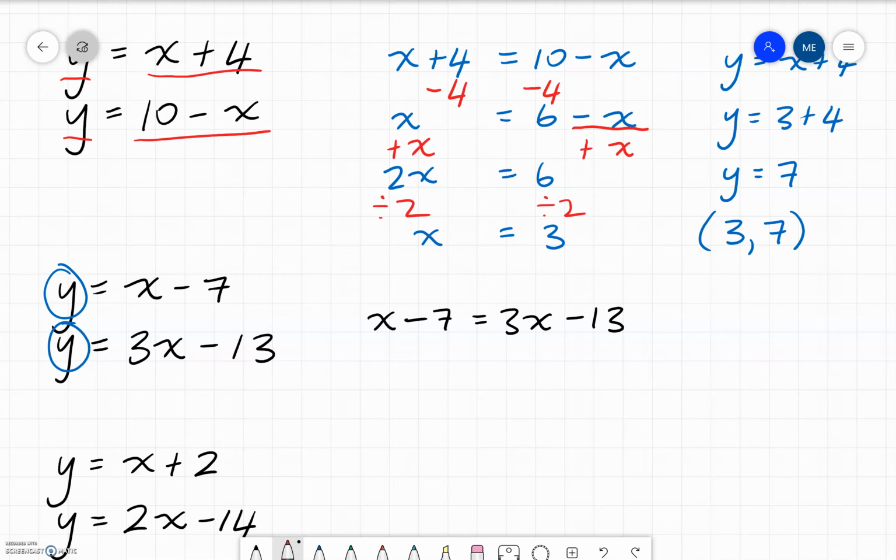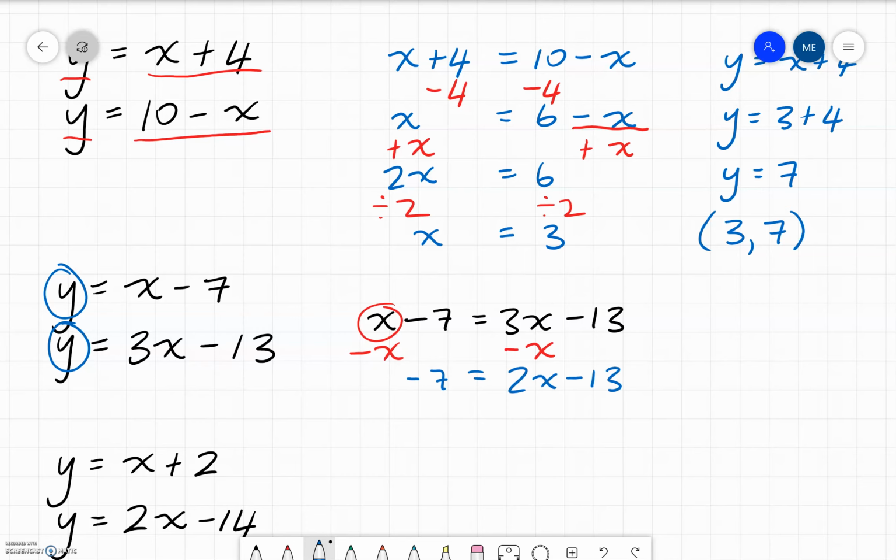Okay, so we want to get all of the x's on one side of the equation and all of the numbers on the other. So the first thing I'm going to do is I want to get rid of this x, so I'm going to subtract it from both sides, which leaves me with negative 7 equals 2x minus 13.